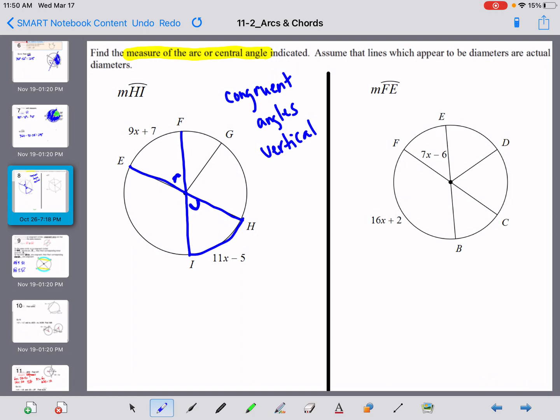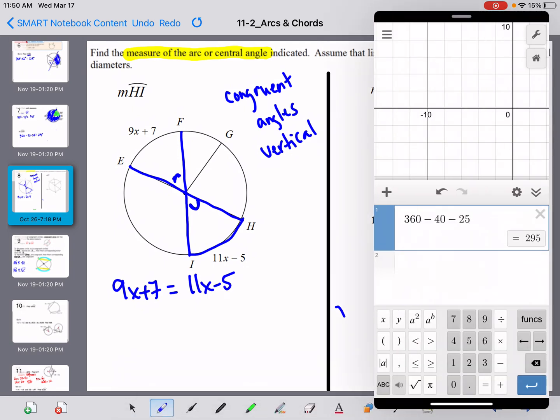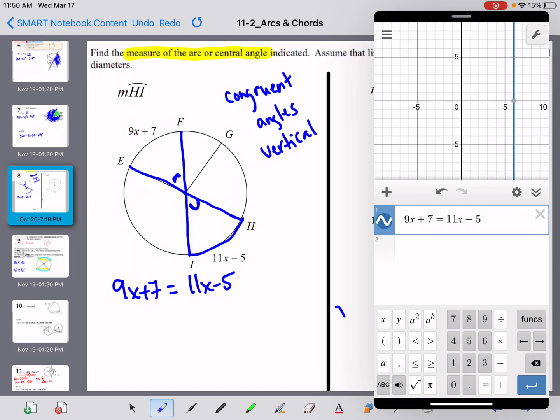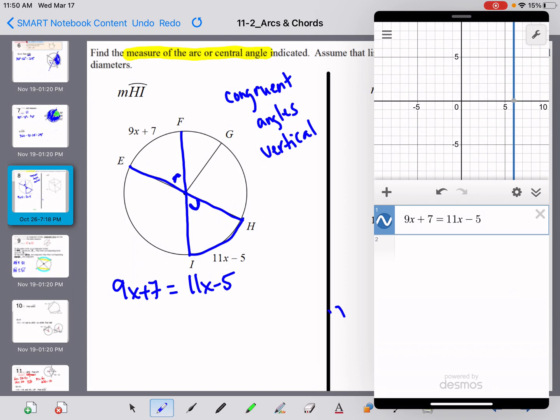So basically, I'm going to be able to say that 9x plus 7 equals 11x minus 5. What do we get here? X is 6. Is that my answer?